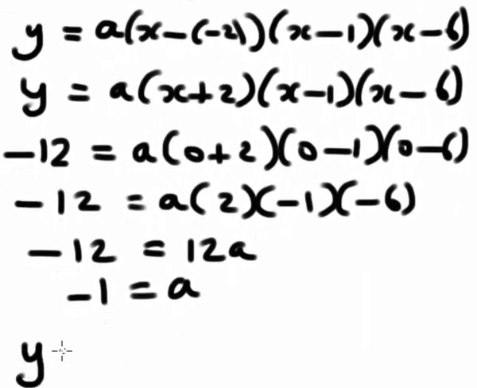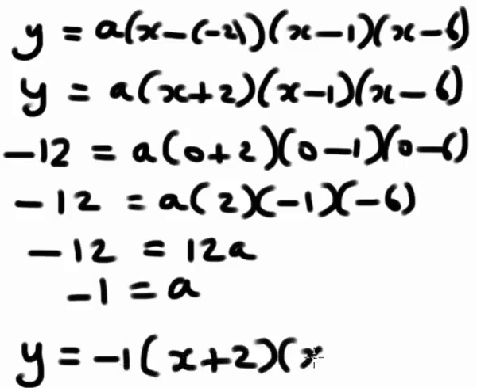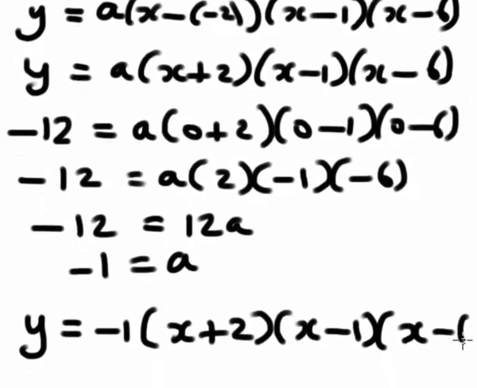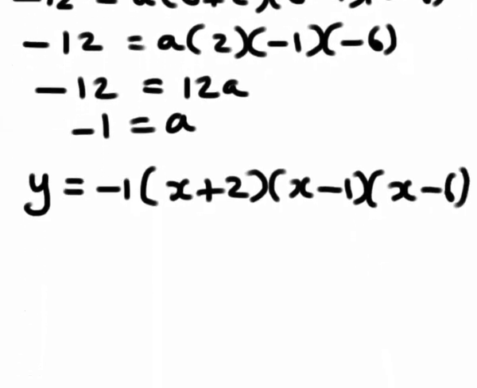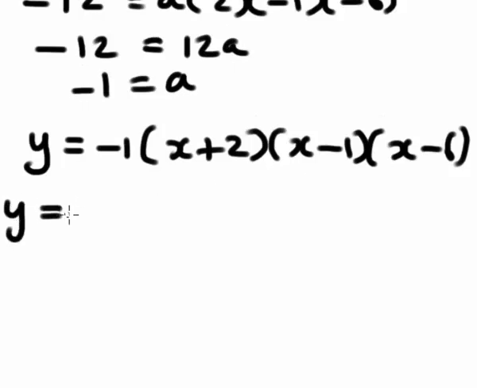So all you need to do is plug it back. -1 into the 3 brackets: (x + 2), (x - 1), and (x - 6). And if you want to, you can multiply that out if you so wish. So y would be negative. Keep it there. That's x plus 2, and then what we need to do is just simply multiply these two out.